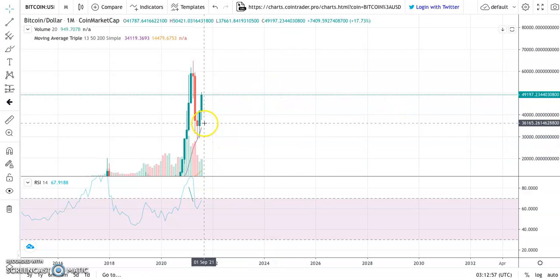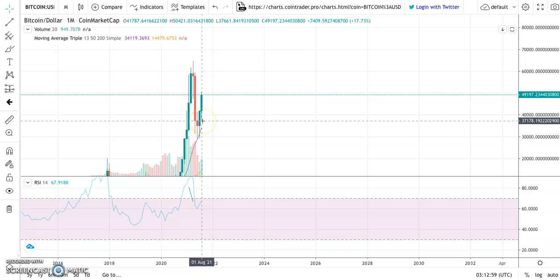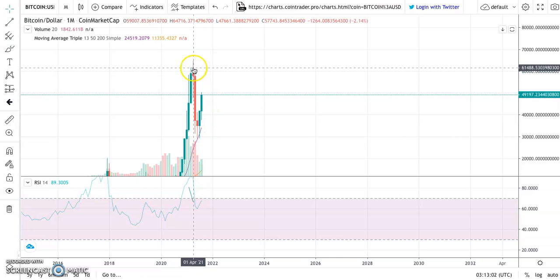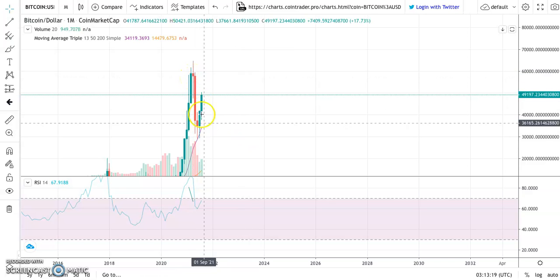And as well, these are wicks, you call them wicks. This means it closed here. So during that period of time, it had the highest price and the lowest price, but the final price where it closed was actually here around 57K. If I choose this particular candle, it's the same here.